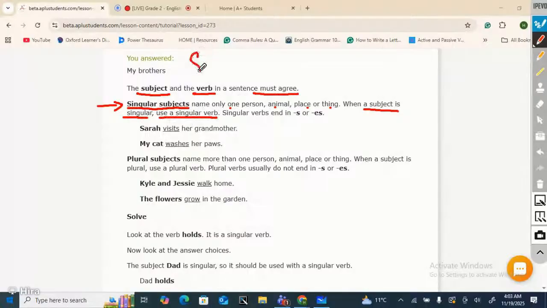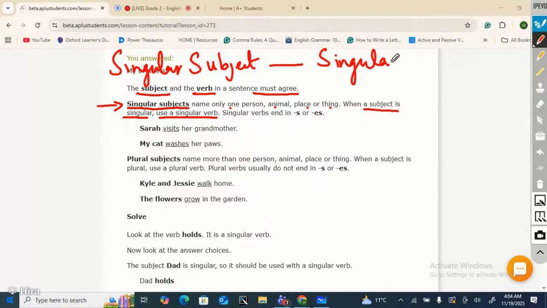So simple rule, when a subject is singular, use a singular verb. You know about singular subject: only one person, place, animal, or thing. But do you know about singular verb? What is a singular verb?